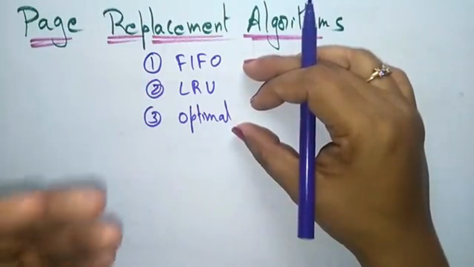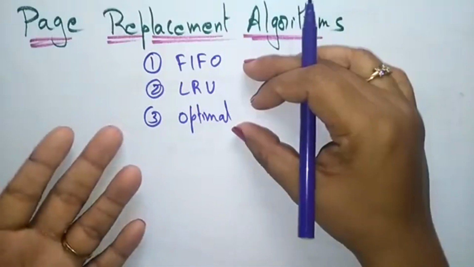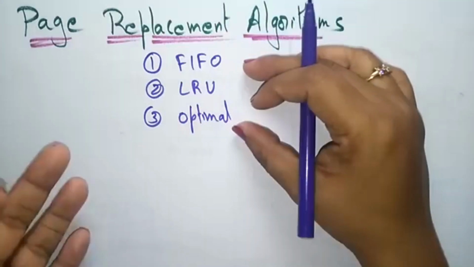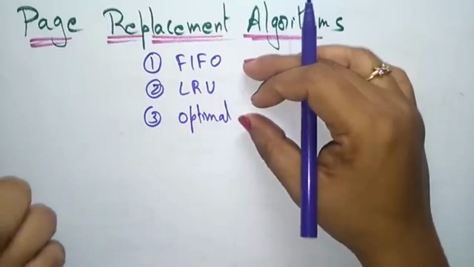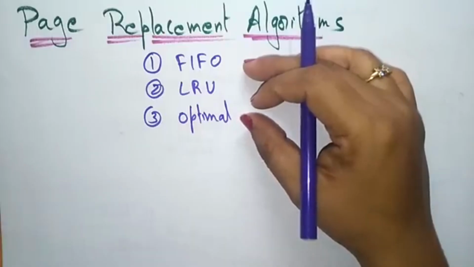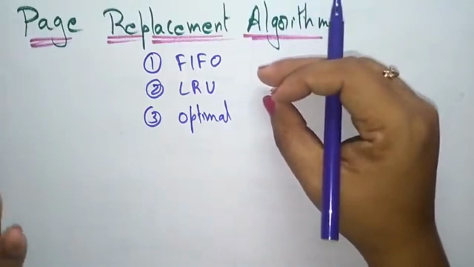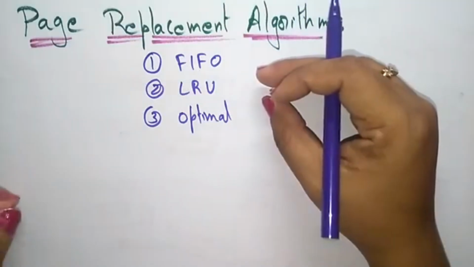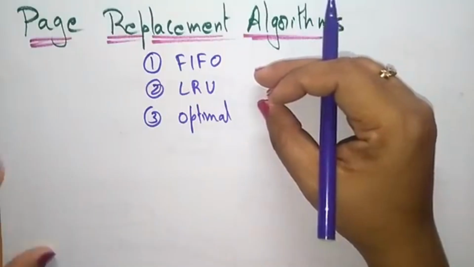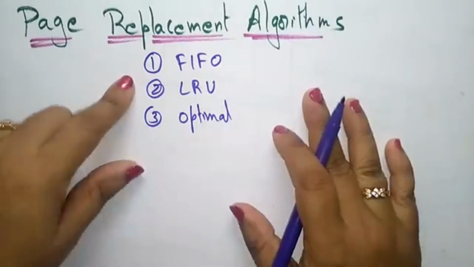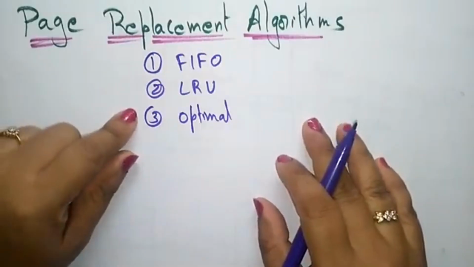Because with their help, we can find out which replacement algorithm incurs fewer page faults, fewer errors. Hit ratios and miss ratios can be calculated based on those values, and we can select the best algorithm. These are the three different page replacement algorithms.